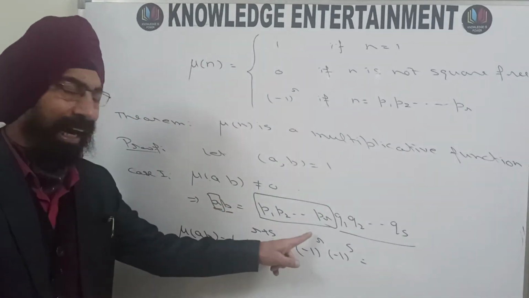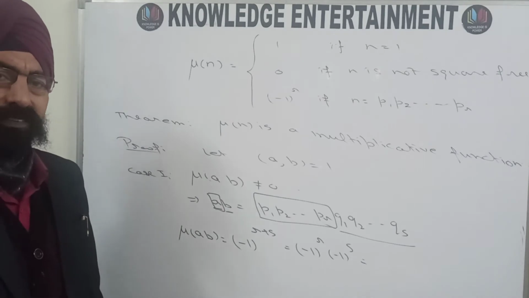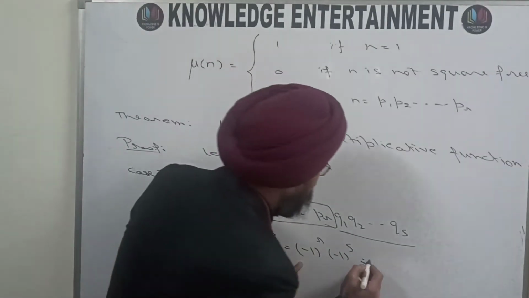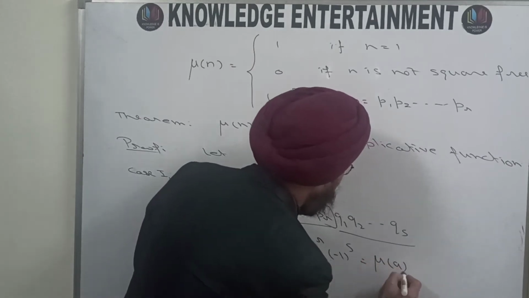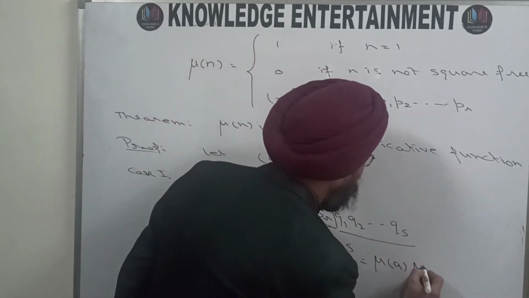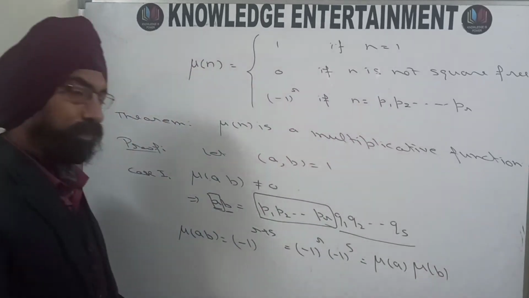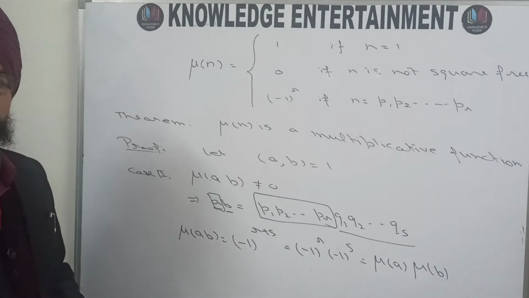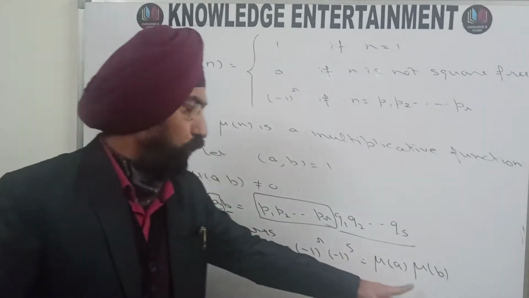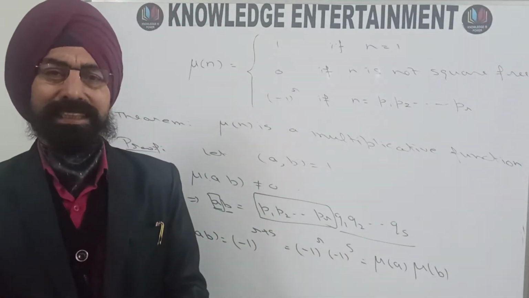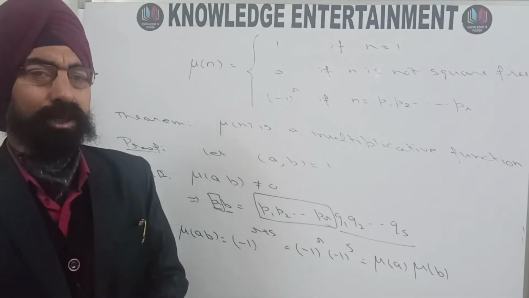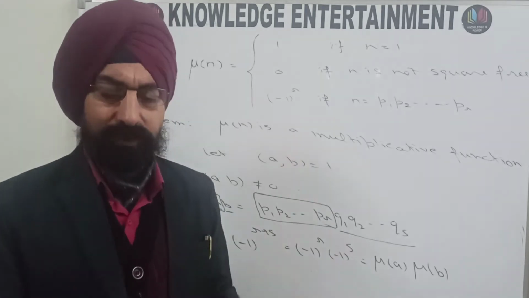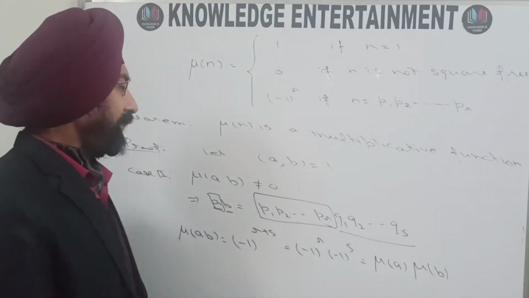A has r distinct prime factors. So mu A is equal to minus 1 power r. So minus 1 power r can be written as mu A, and similarly minus 1 power s is mu B. So in that case also, in the second case, when mu A B is not 0, mu A B is equal to mu A mu B. That means whatever the case is, mu A B is coming out to be mu A into mu B if A and B have GCD 1, and that makes the function mu a multiplicative function.